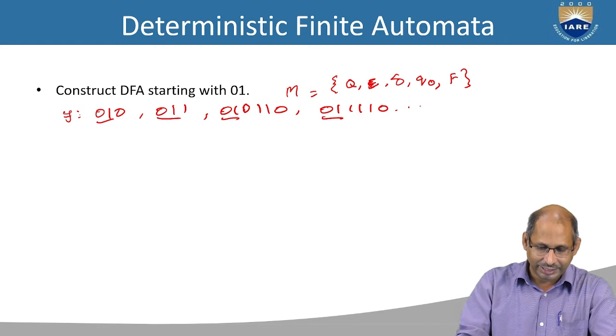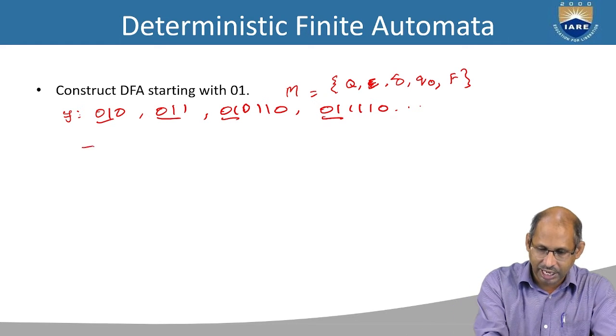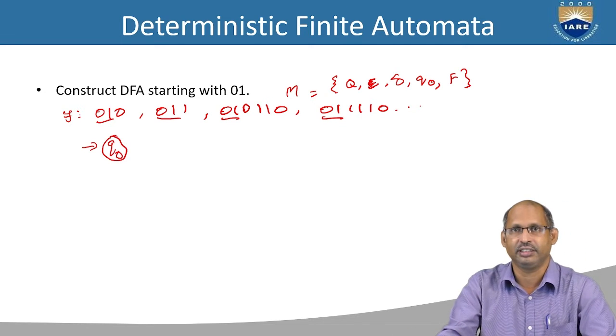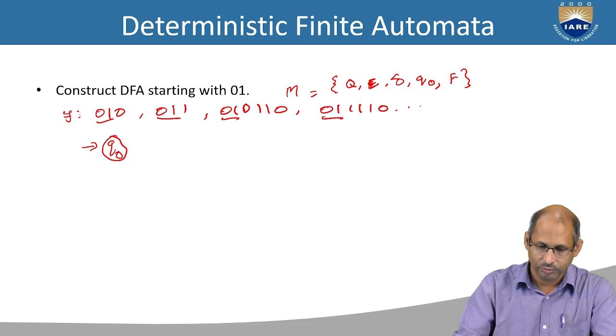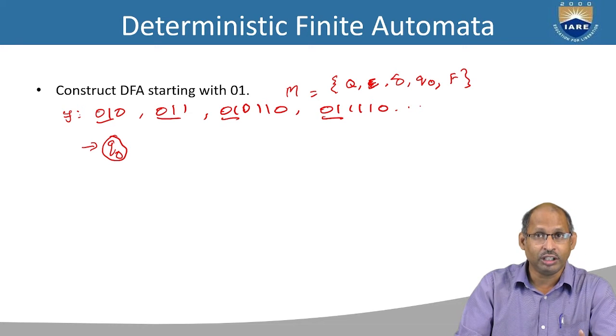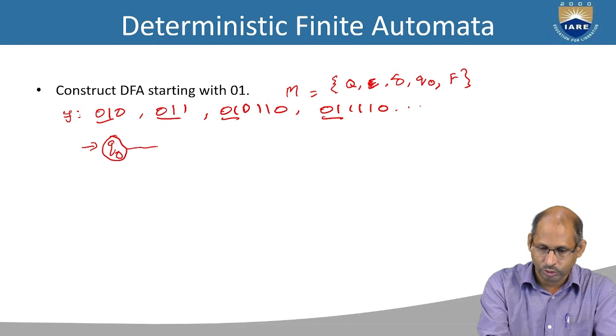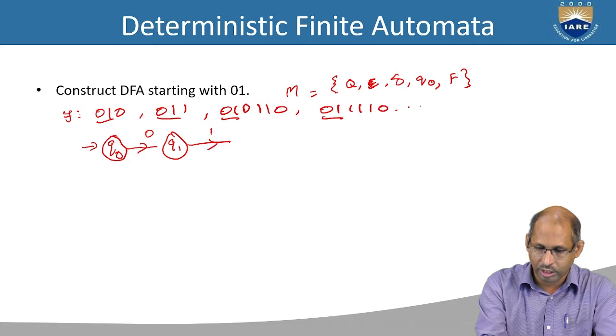Now, we consider our initial state as Q0. What is the condition? 01 must be the starting symbols. So Q0 on 0 must go to Q1, and Q1 on 1 must go to Q2.